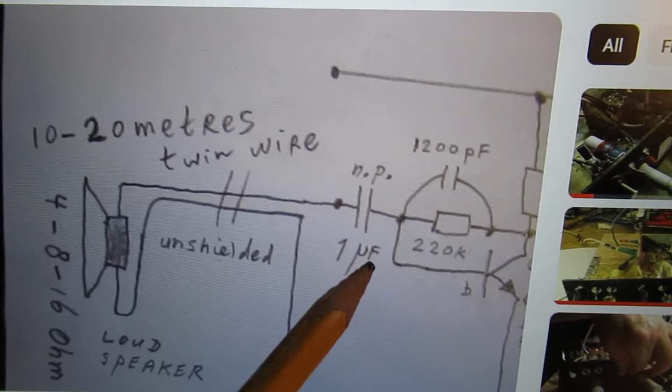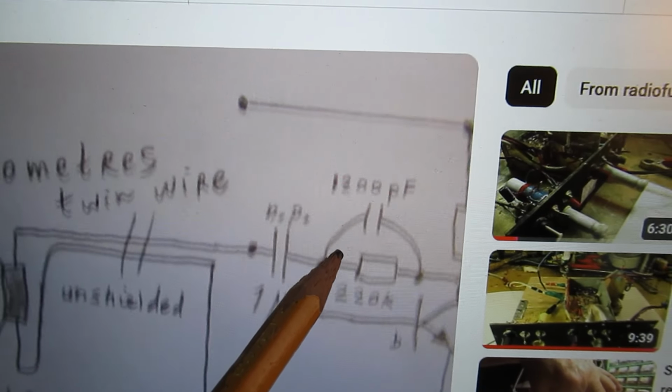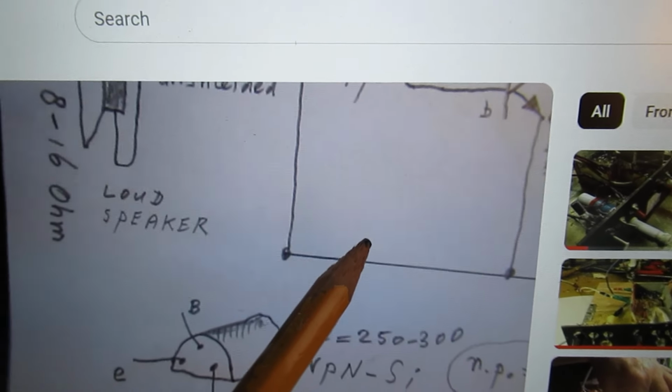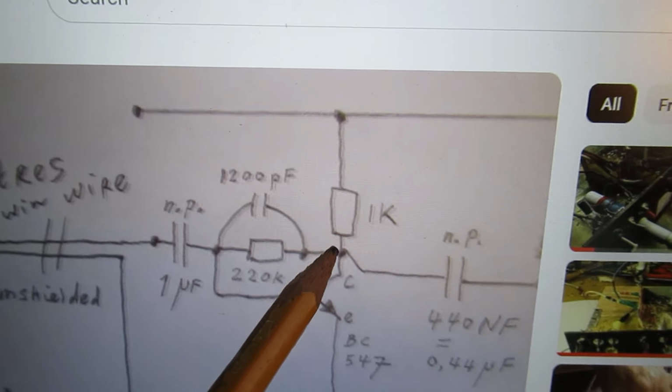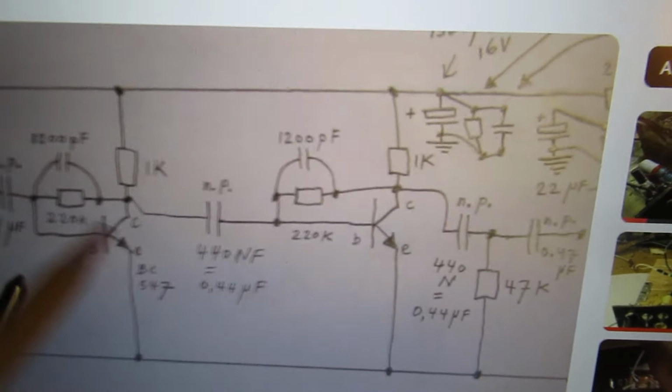So very simple, 220 kilo ohm, 1 microfarad non-polar. The resistor in the collector lead is 1 kilo ohm, thus 1000 ohms. Non-polar coupling capacitor to exactly the same stage here.